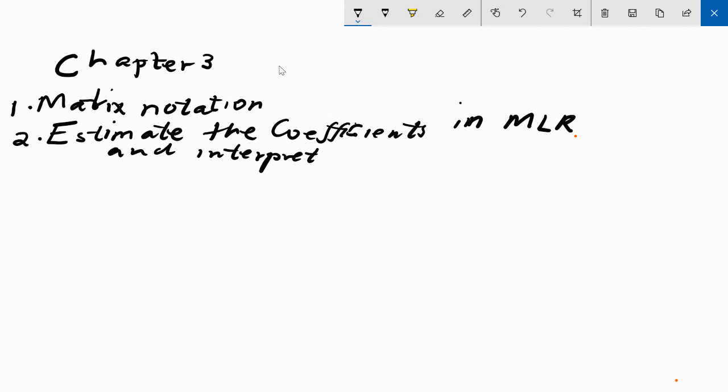You know how to estimate the betas given by this formula in matrix notation.